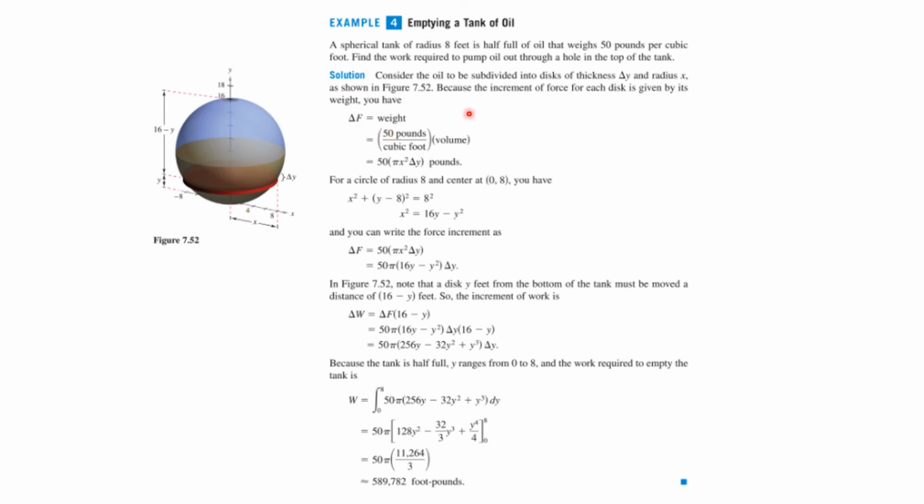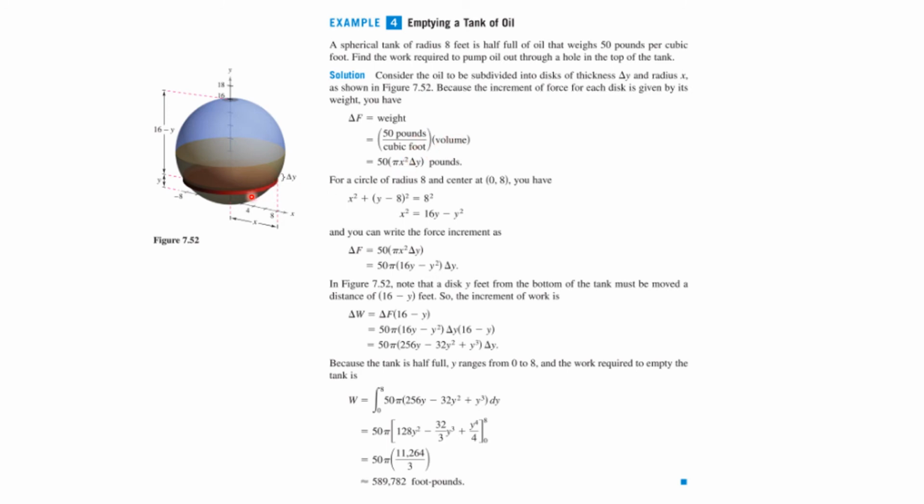So let's go through. We're considering the oil to be subdivided into little discs, and we'll look at each disc, and we'll talk about the work done to the disc, and then we'll integrate by adding up all the discs. So the increment of force in each disc, delta F, is equal to the weight. Now that is 50 pounds per cubic foot times the volume.